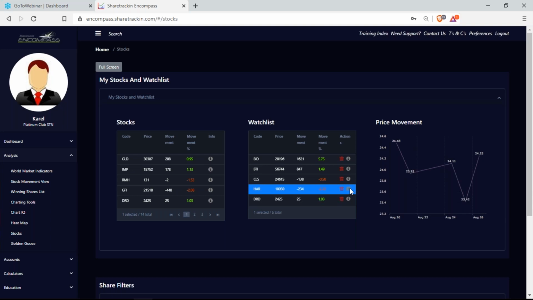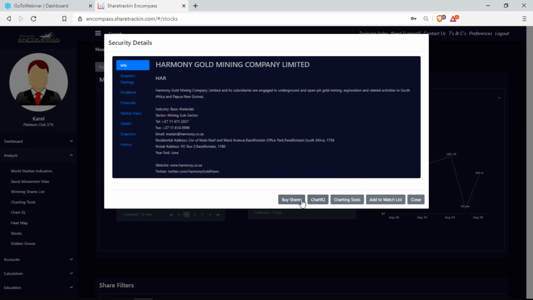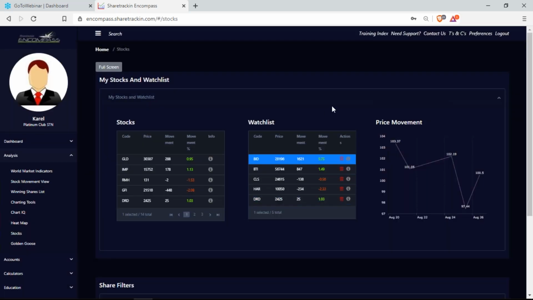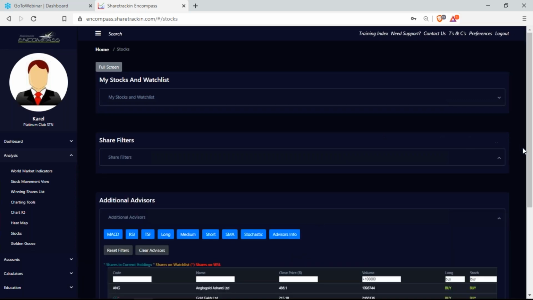And from here on, I can either remove Harmony by clicking on the red dustbin, or I can click on the info button, and from here on I can closely monitor it, and when I feel ready I can buy these shares. So let's go and have a look and see if there is a share underneath our additional advisors that's maybe a good time to buy.